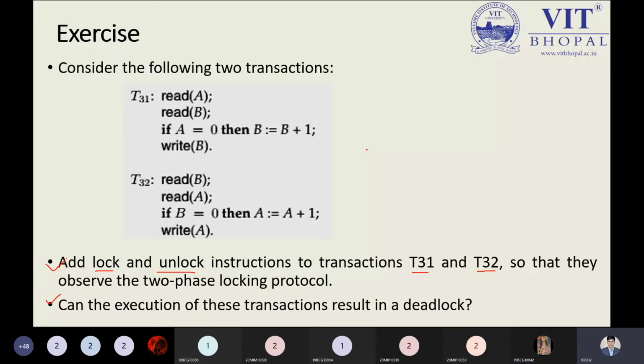Sir, yes, tell me. In transaction T31, the first statement will be lock A, then read A. Can you tell me where I should write the lock? Above read A. It is already shown by me over here, so you can give your answer in a better way.